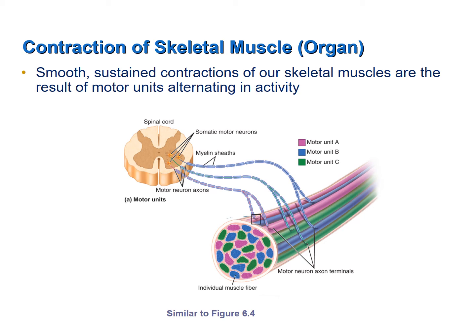And as the skeletal muscle fibers of motor unit B begin to relax, the skeletal muscle fibers of motor unit C contract. And so that alternating activity between the skeletal muscle fibers of the various motor units produces a smooth, sustained contraction.